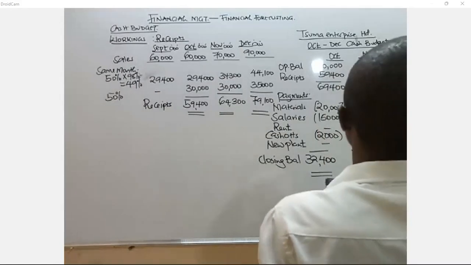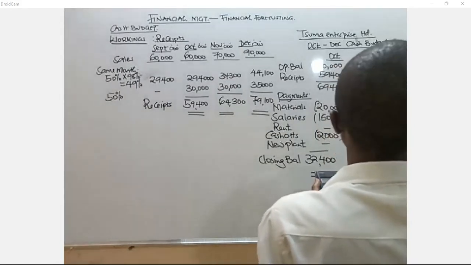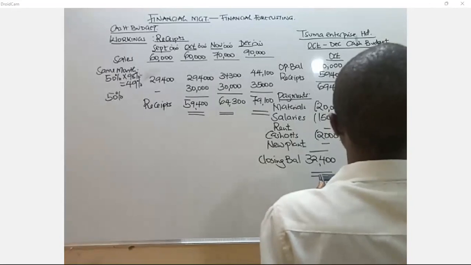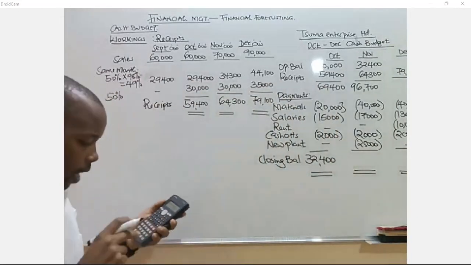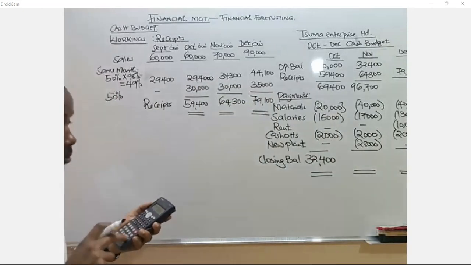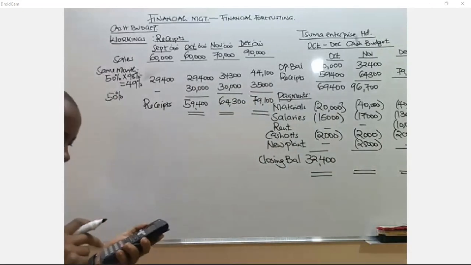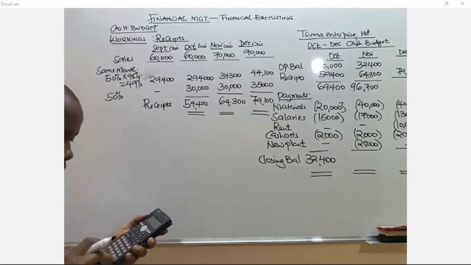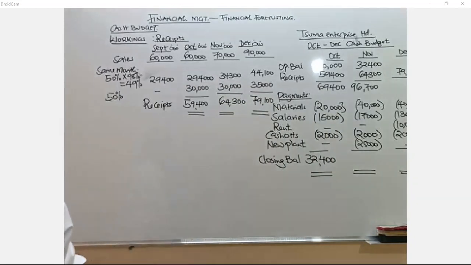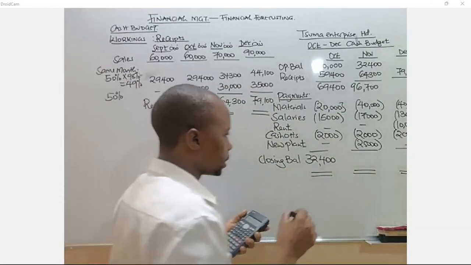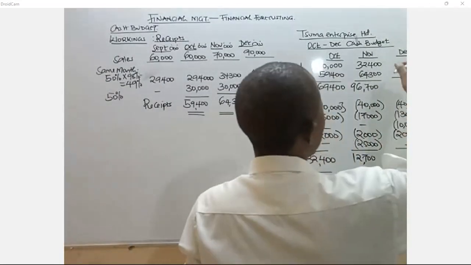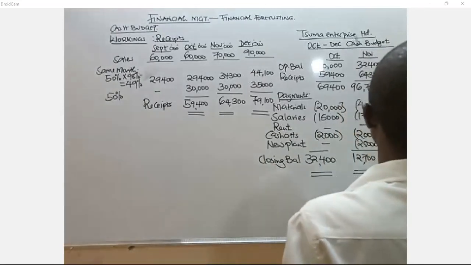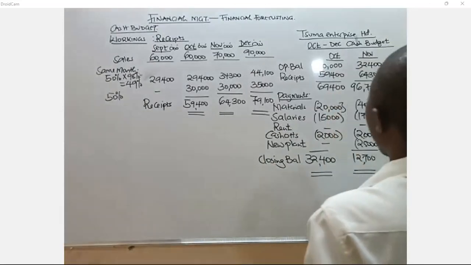64,300. The total revenue which I have is around 96,700 minus 57, right? Minus 27,000. So the total which I'm getting right now should be 12,700. Right? Then you bring it up here because your closing for November should be the opening for December.